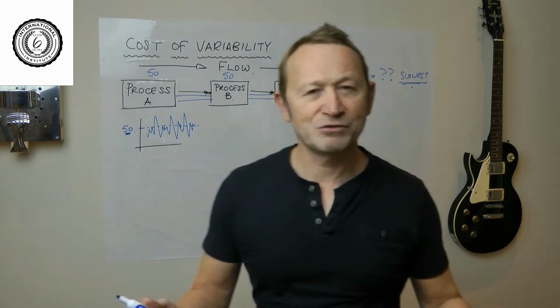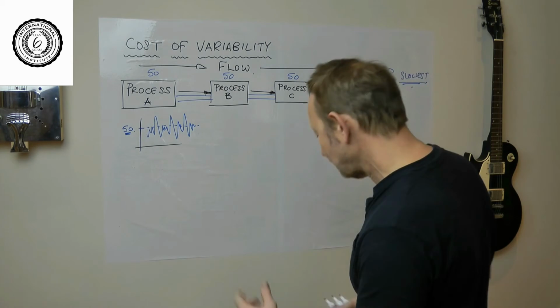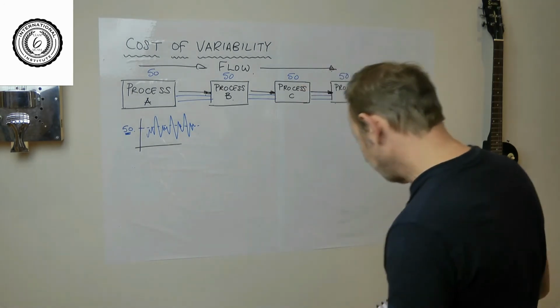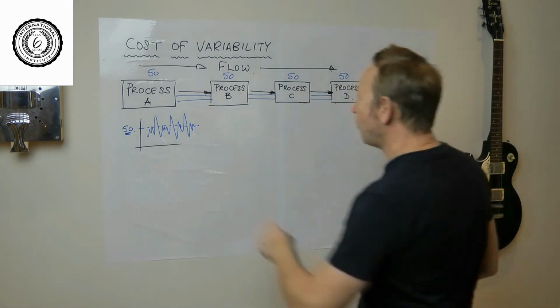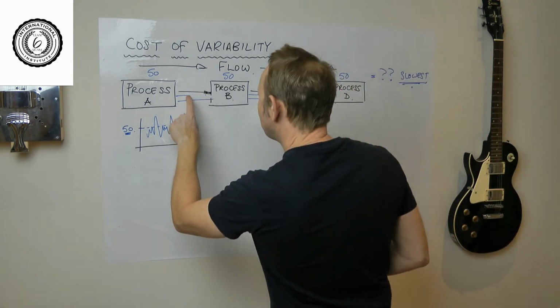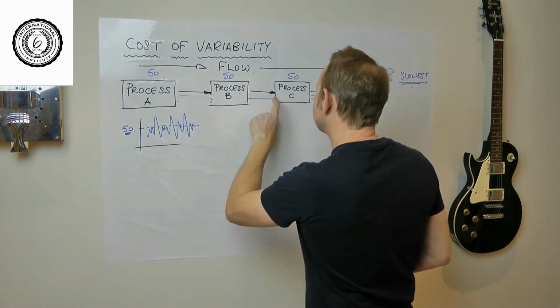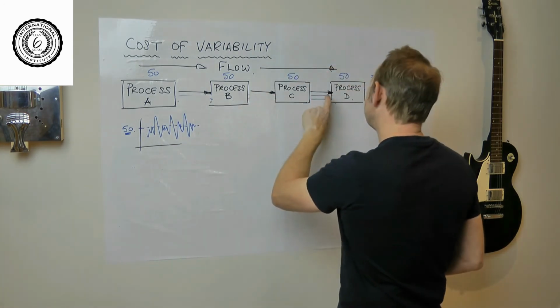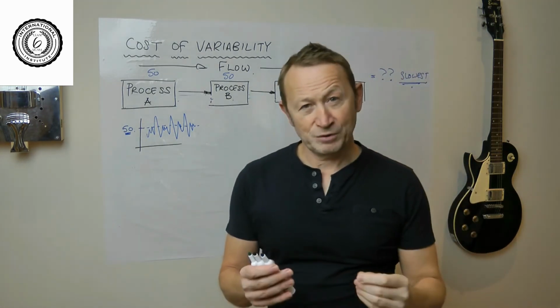So okay, what do you do to combat this? What would you do to combat this problem? Well, one of the ways, of course, is to put some stock in between. So what we could do is decouple these machines. Rather than having them conveyed together like this, we could take that out and decouple them.